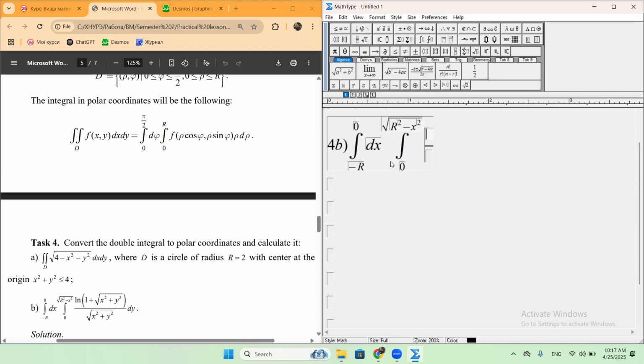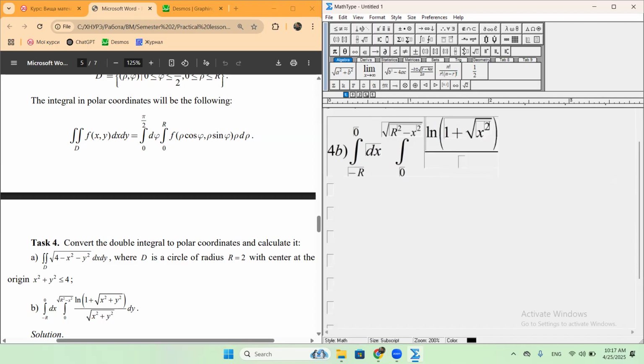And here what do we have? We have logarithm of 1 plus square root of x square plus y square, and the square root in the denominator. dx dy. And it is under the integral here.